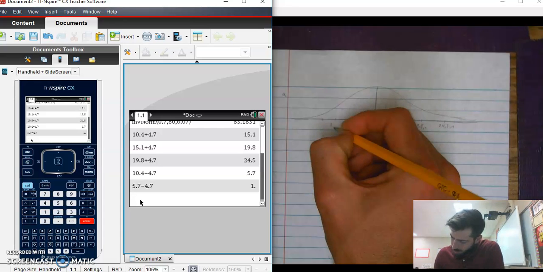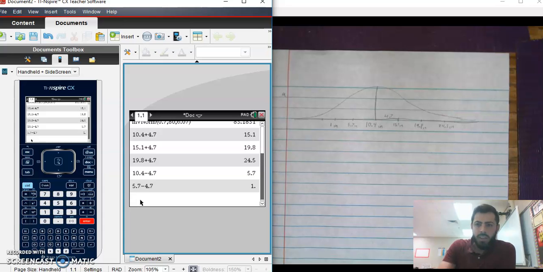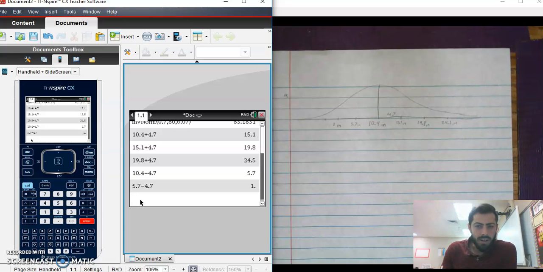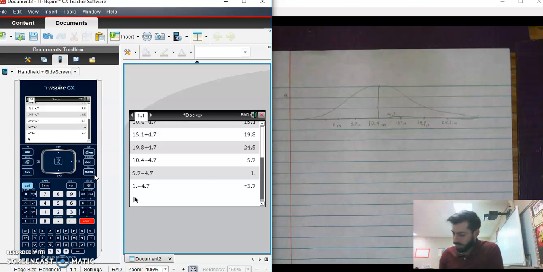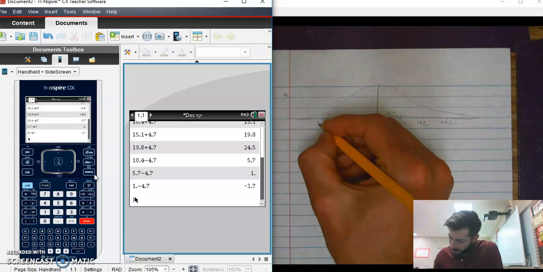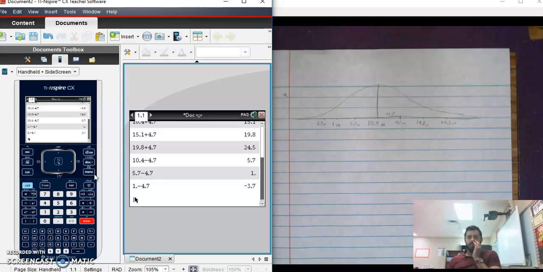It's a nice round number, 1 inch. And then it's obvious that we're not going to go into negatives, but I'm going to write it anyway. So, negative 3.7 inches.